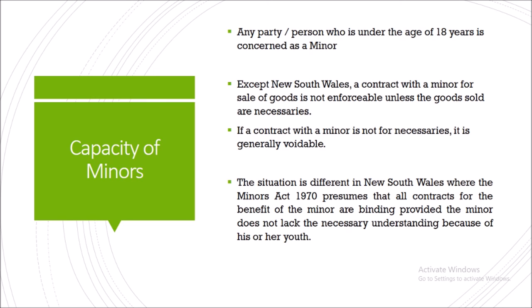That is except for New South Wales, right? And a contract with a minor for the sale of goods is not enforceable unless the goods sold are necessaries, right? Unless the goods sold are necessaries, a contract with a minor for the sale of goods is not enforceable by law. And if a contract with a minor is not for necessaries, it is generally voidable, right?